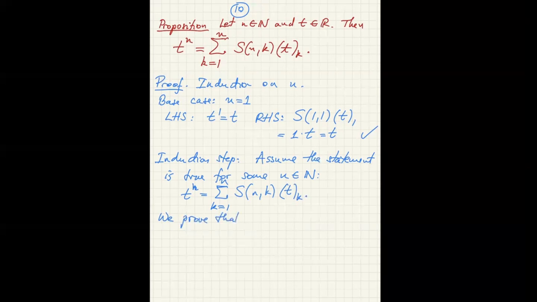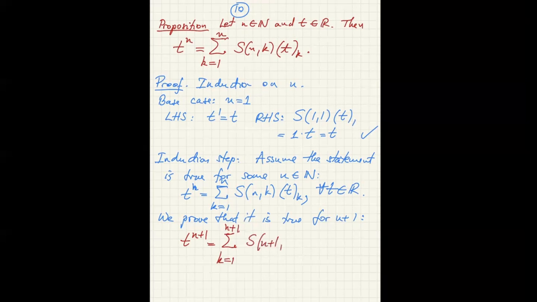We show that it is true for n plus 1. So this statement is the statement for any t real number. So we will show that t to the n plus 1 equals the summation from k equals 1 to n plus 1 of S(n plus 1,k) t falling factorial k for any t real number.